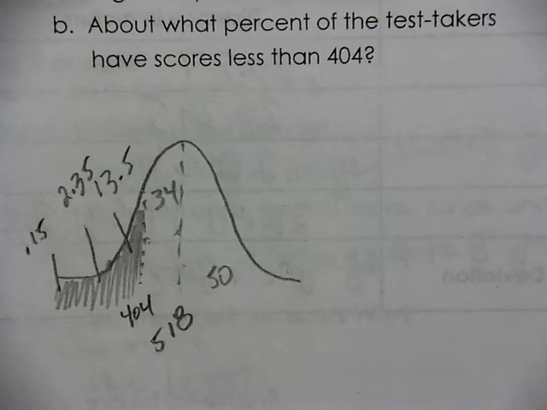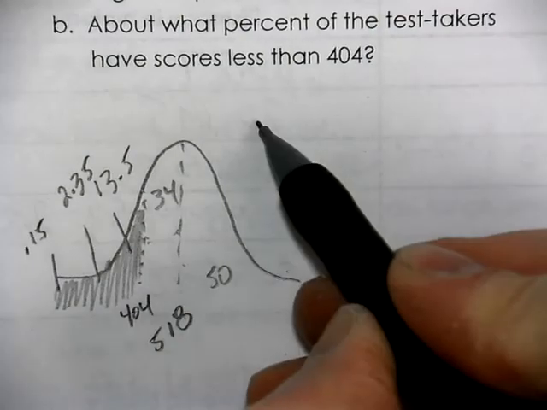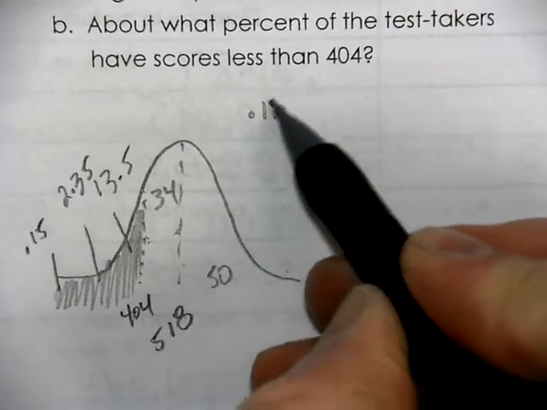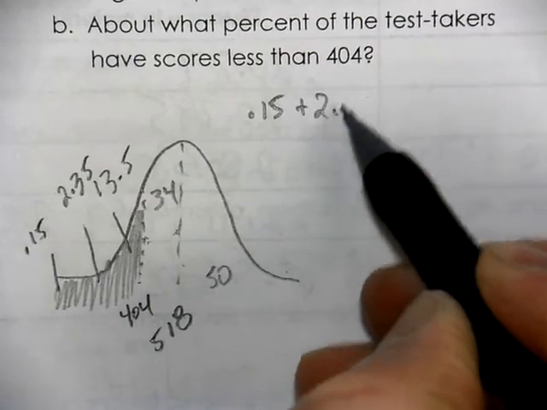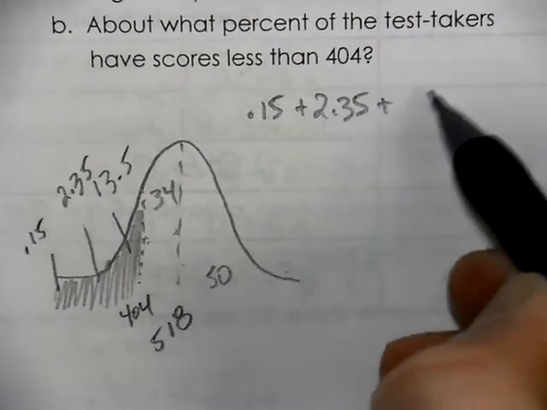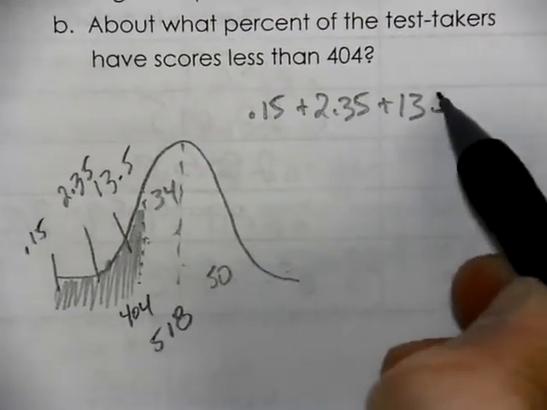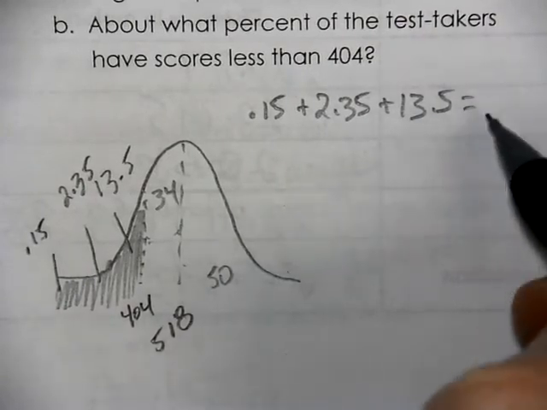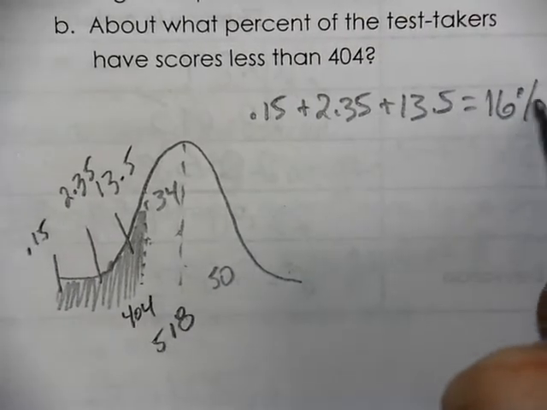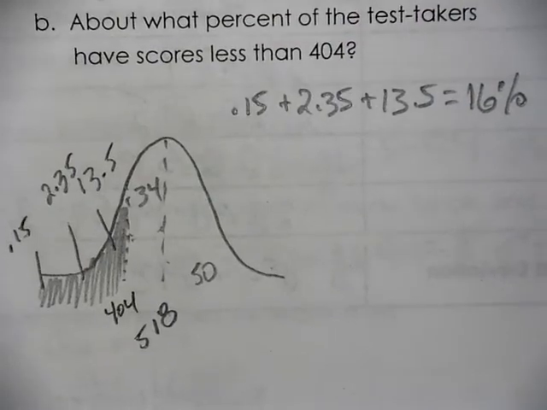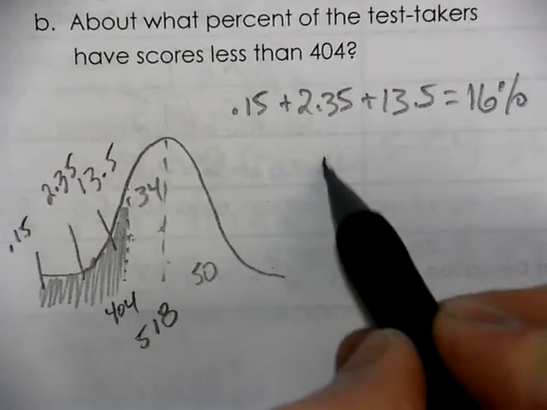So we could add up our percentages that way. 0.15%, 2.35%, and 13.5%. And we would get our 16% would land less than 404.